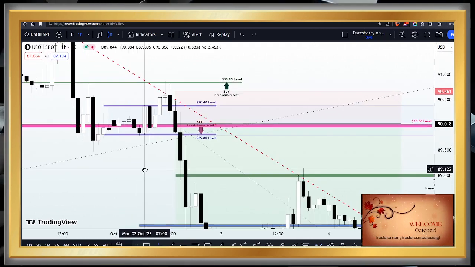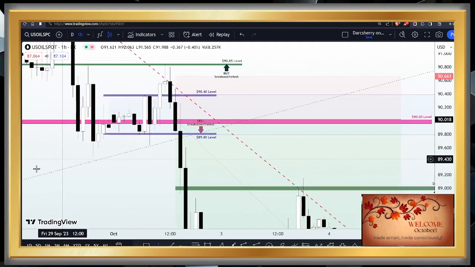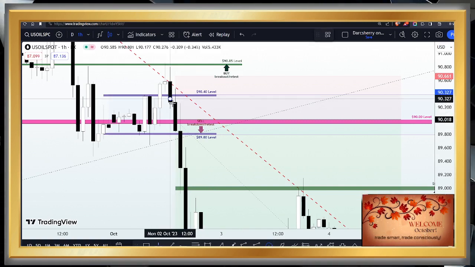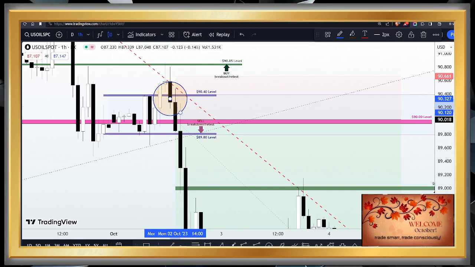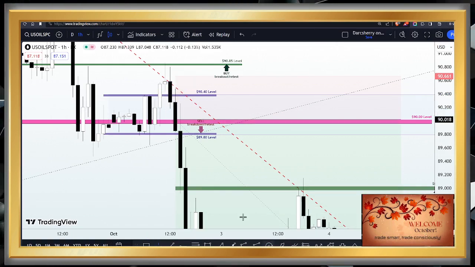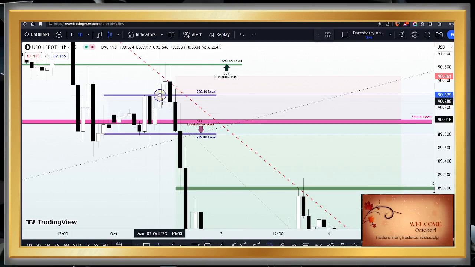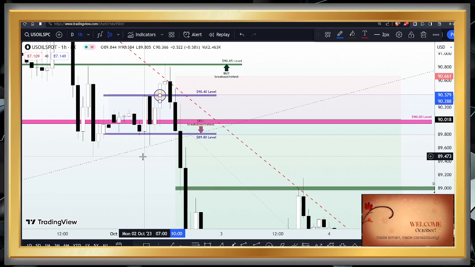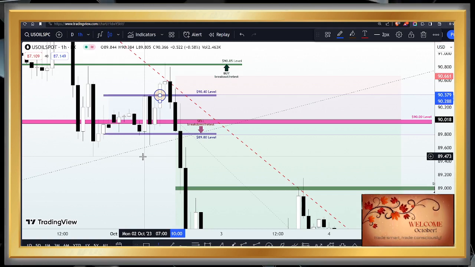Now, with the way things were going at the beginning of the week, this was where we were during our live session on Monday. We were around here, just right below the $90.40 level. And considering the breakout of this resistance line a couple of hours into our live session, I was of the opinion that price may come back and retest that structure to incite an uptrend move. As a result of this observation, we decided to have a buy stop order above the $90.40 level, which unfortunately for the buyers, we never saw that position triggered.